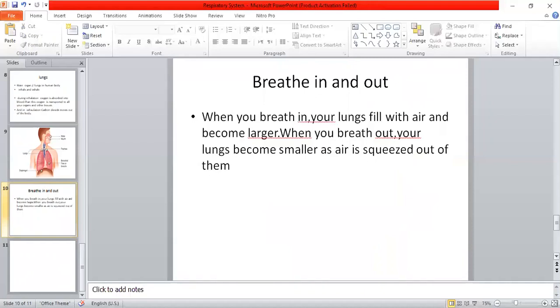When you breathe in, your lungs fill with air and become larger. And when you breathe out, your lungs become smaller as air is squeezed out of them. So this is how breathing occurs. I hope you all understand this.